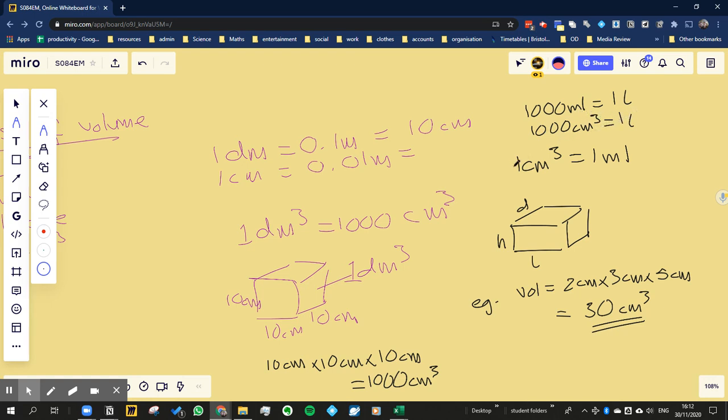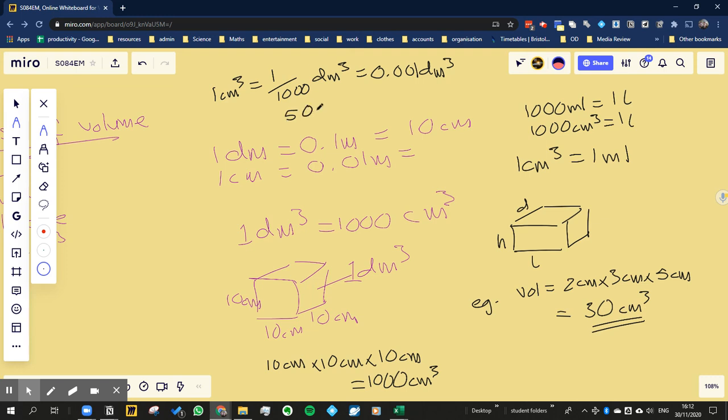Okay. Generally speaking, you'll get your volumes in centimeters cubed or in milliliters, and you'll have to convert that into decimeters cubed. So if 1 decimeter cubed is equal to 1,000 centimeters cubed, then of course 1 centimeter cubed is equal to 1 over 1,000 decimeter cubed, which is equal to 0.001 decimeter cubed, right?